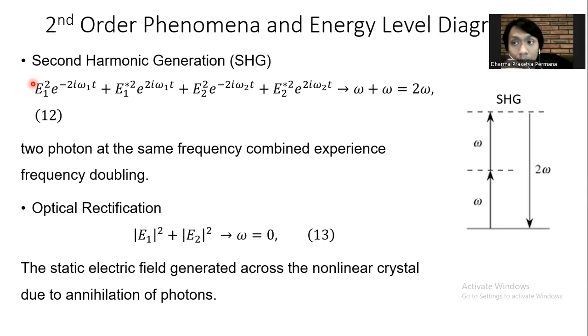So we call it spontaneous four-wave mixing or degenerate spontaneous four-wave mixing. Instead of using two beams, which initially come from one beam that we split and then recombine, we just shoot one beam to the nonlinear crystal. It still happens using only one beam.